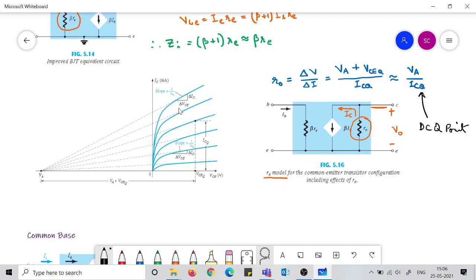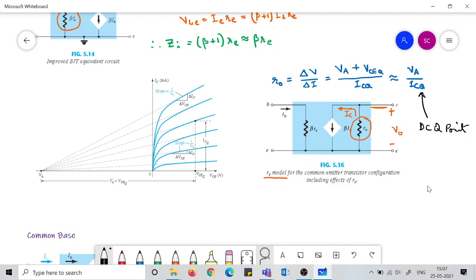In the active region there is some slight slope, and this slope is this ro. And we came to the concept of early voltage, and we figured out that we can simply calculate it if we know the early voltage and the ICQ, the IC at the Q point.